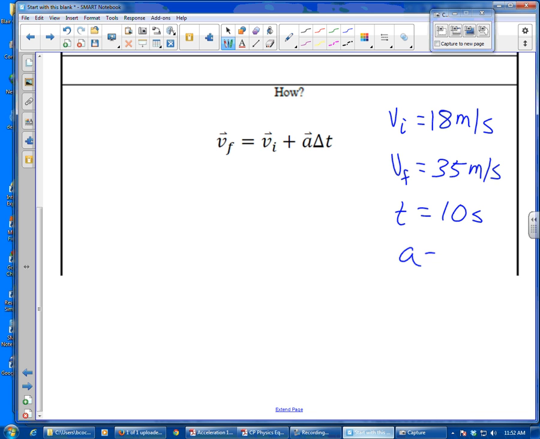And they want to know about the acceleration. So substituting those into this relationship, 35 meters per second equals 18 meters per second plus A, which I don't know, times 10 seconds.